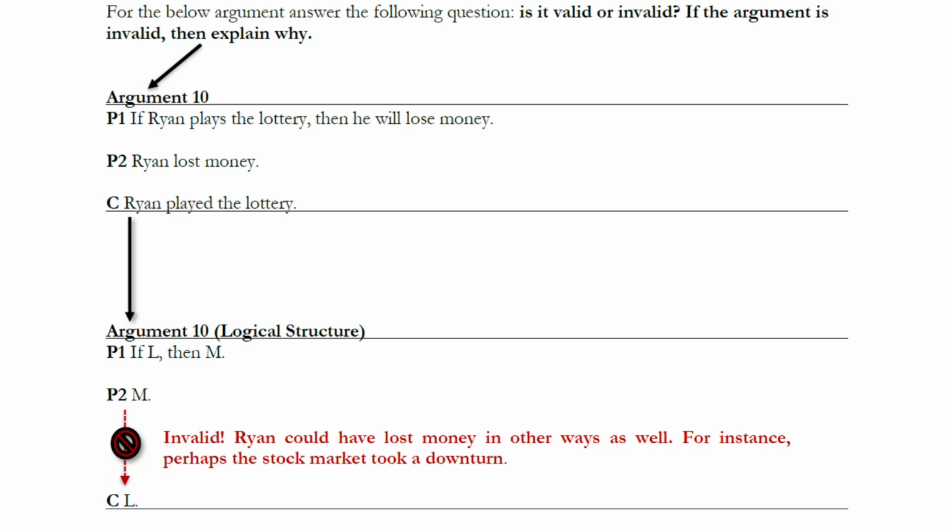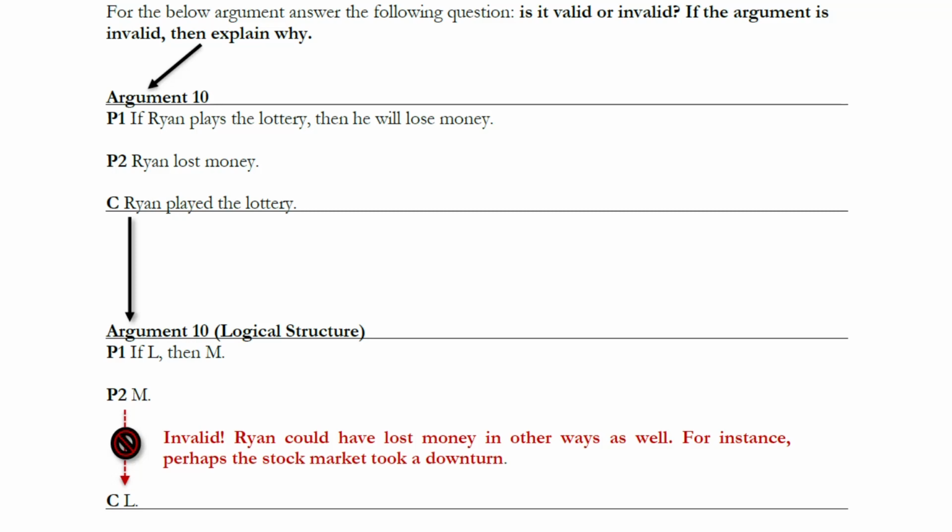Argument 10 reads, Premise 1, If Ryan plays the lottery, then he will lose money. Premise 2, Ryan lost money. Conclusion, Ryan played the lottery. This argument is invalid. Premise 1 of the argument presents us with an if-then statement. It tells us that a consequence of Ryan playing the lottery will be that Ryan loses money. Now we know from this that playing the lottery will result in Ryan losing money, but importantly, Premise 1 does not tell us that playing the lottery is the only way in which Ryan will lose money.